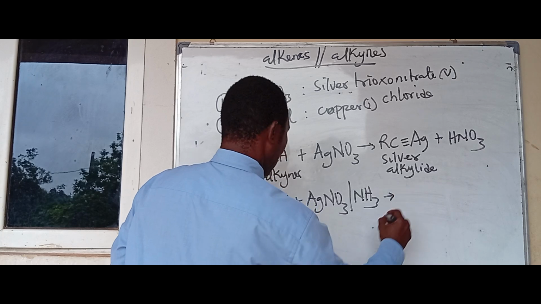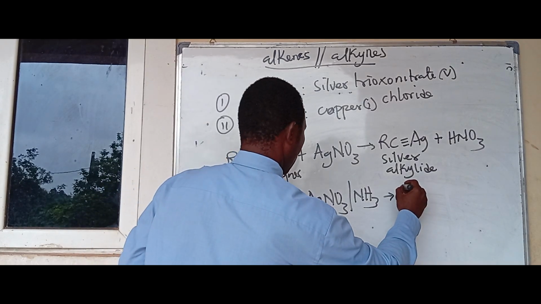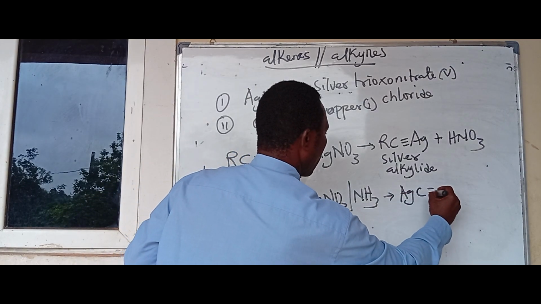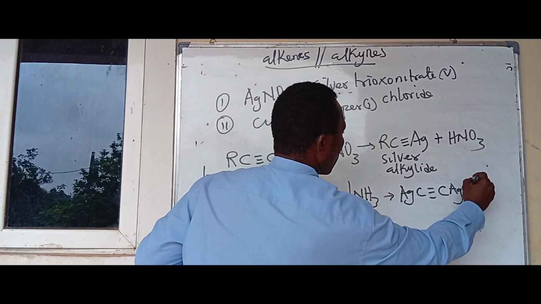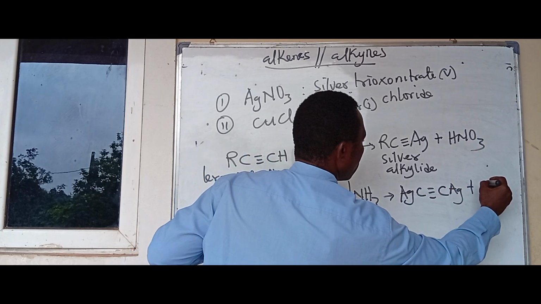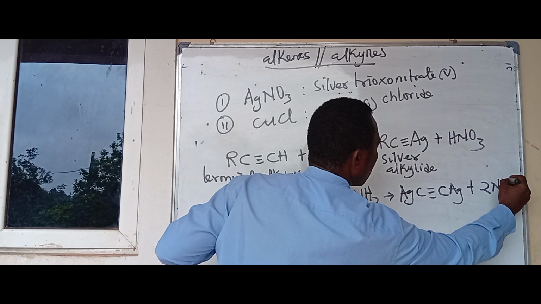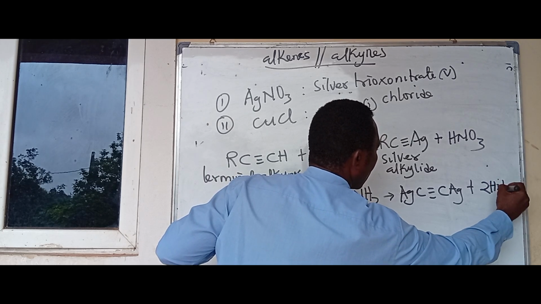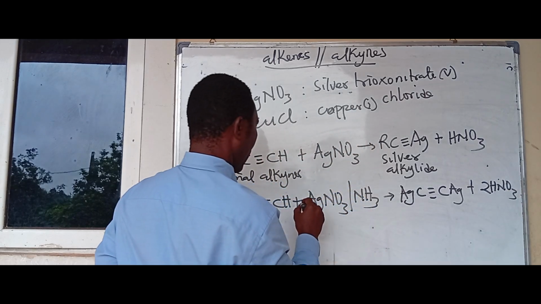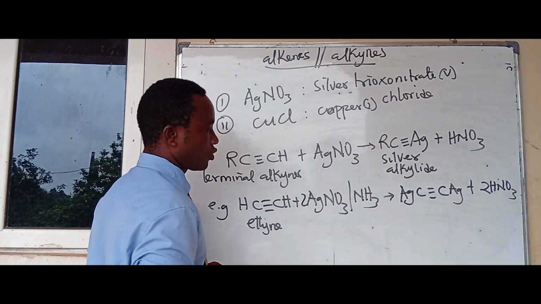When I do that, we have AgC≡CAg, then plus 2NH4NO3. To balance the equation, we can put 2 here.